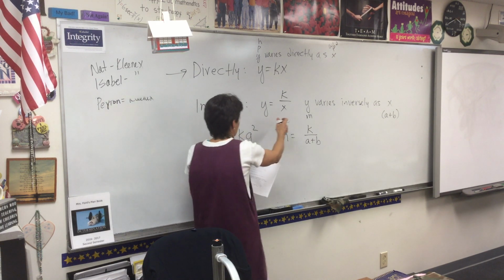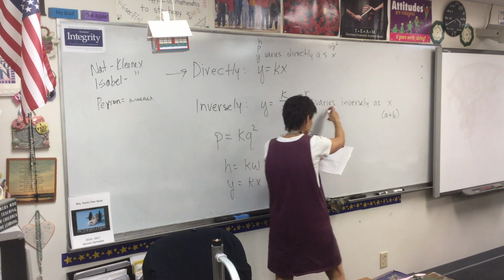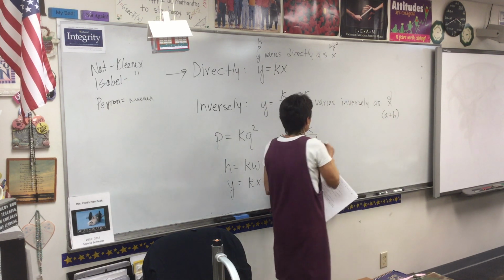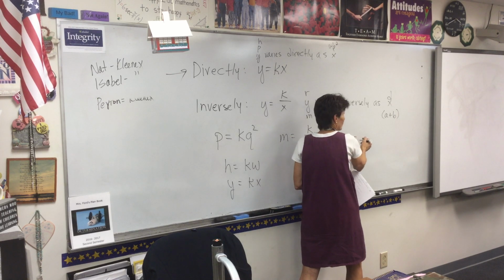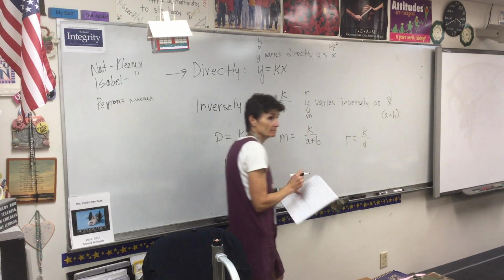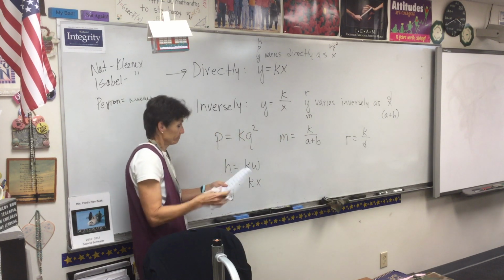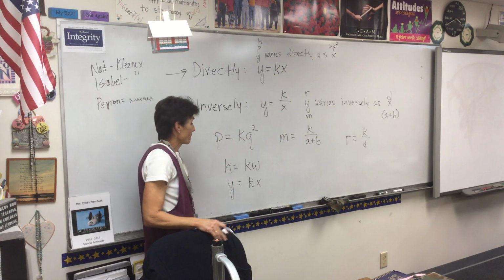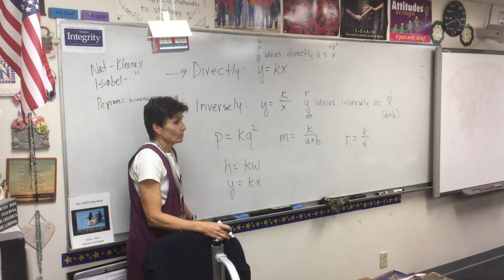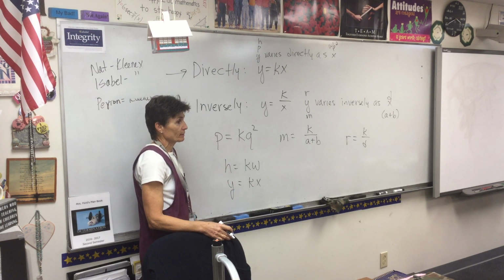So rate varies inversely as distance. So rate equals k over d. Where's the proportional one? Proportional is the same as varies directly. Okay.